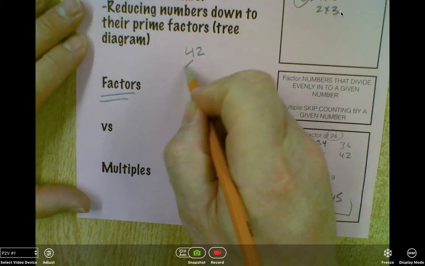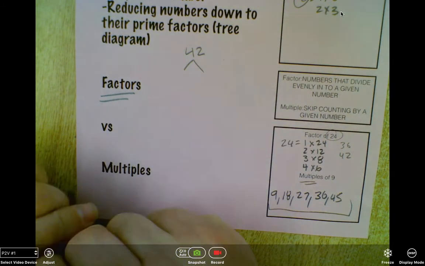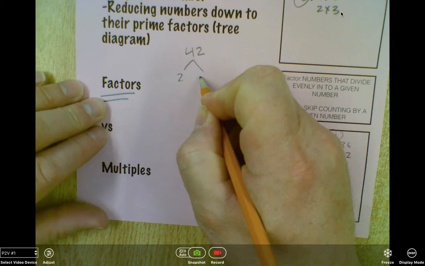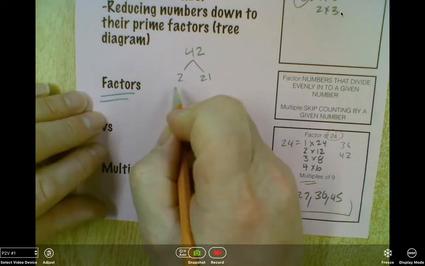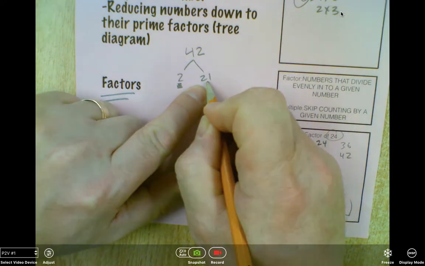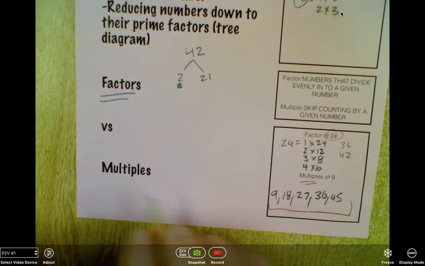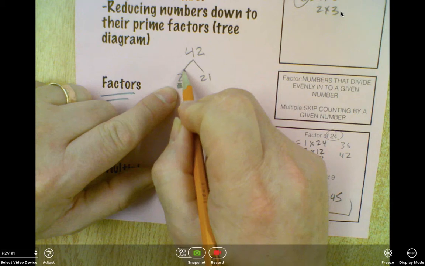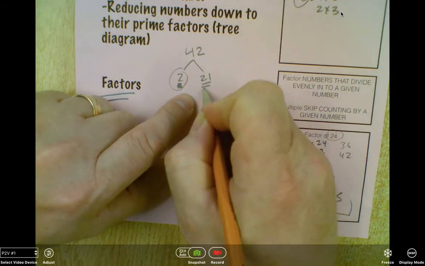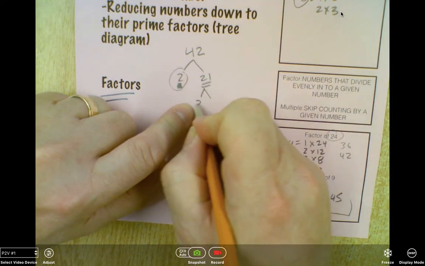So what you're going to do is try to pull 42 apart. Let's say 42 is really, well, I know it's 2 times 21. 2 is a prime number, I can stop there. But 21 is still a composite number. I can break down that further, and that would be 3 times 7.